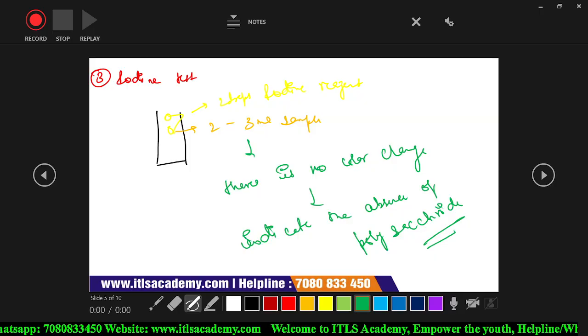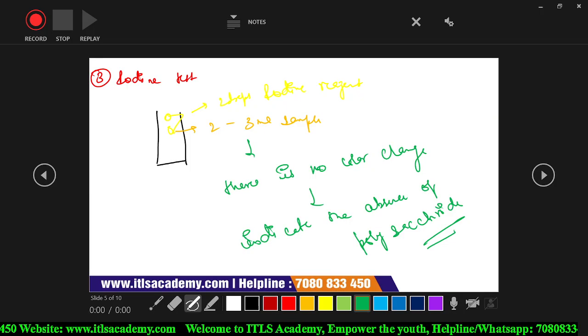Clear? These 3 tests are clear: solubility, iodine and Molisch.